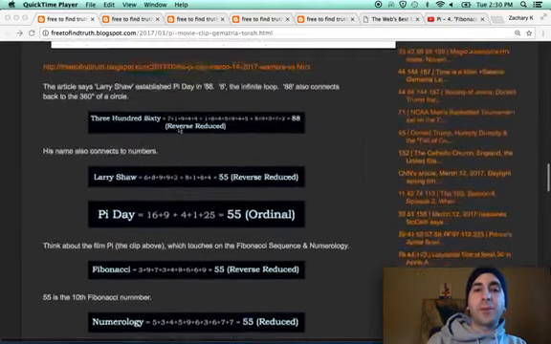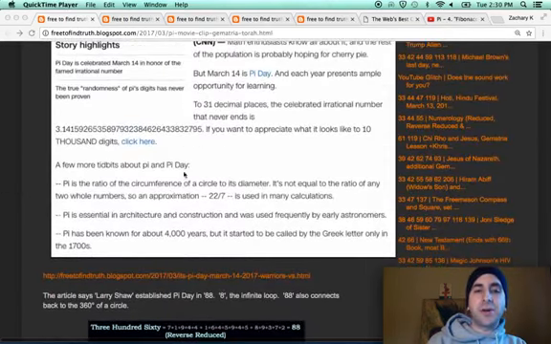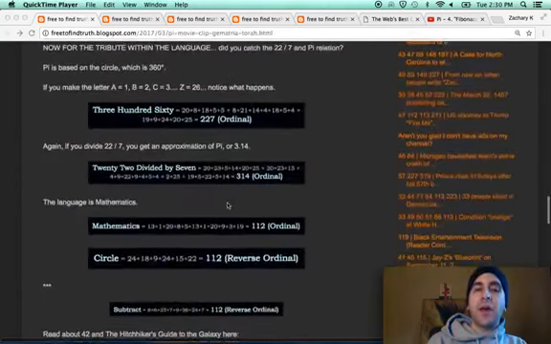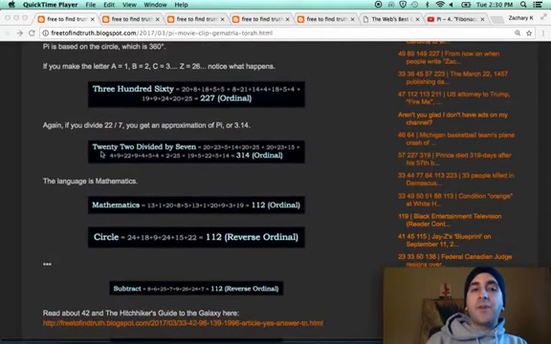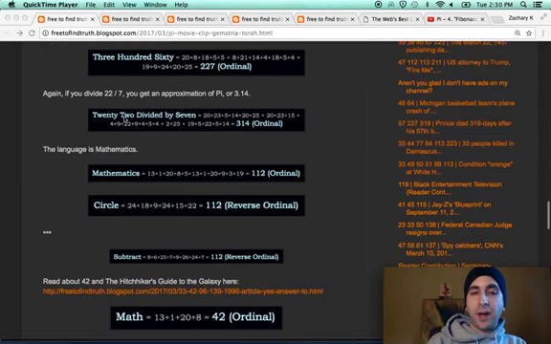And remember, 360 degrees in a circle, and to get the approximation of pi, you divide 22 by 7. Making matters even more interesting, if you write out 22 divided by 7, this mathematical shorthand of getting to pi, a close approximation, 22 divided by 7 sums to 314.